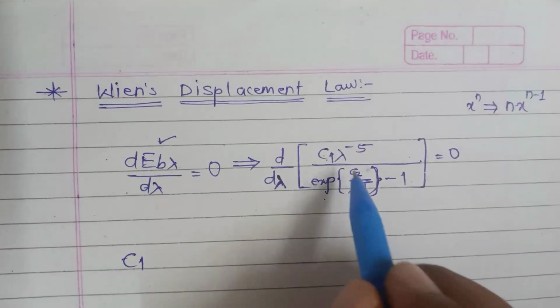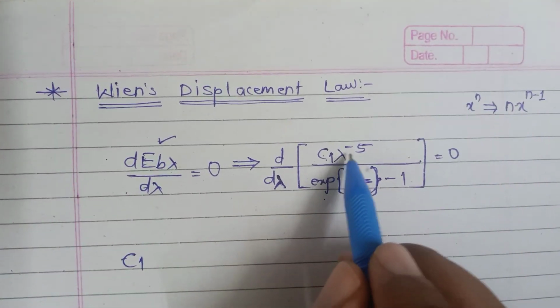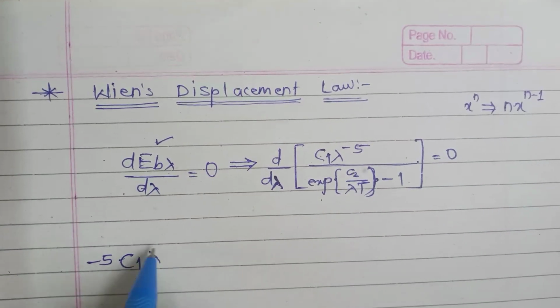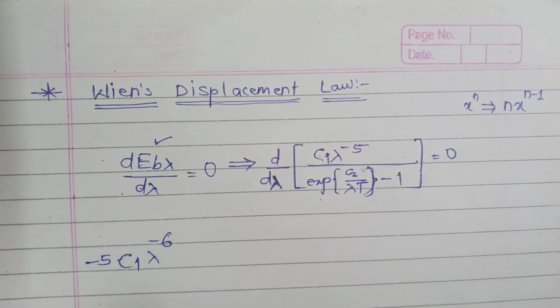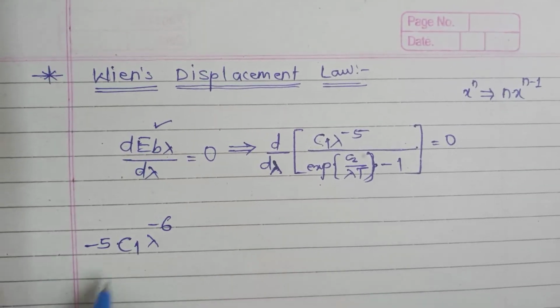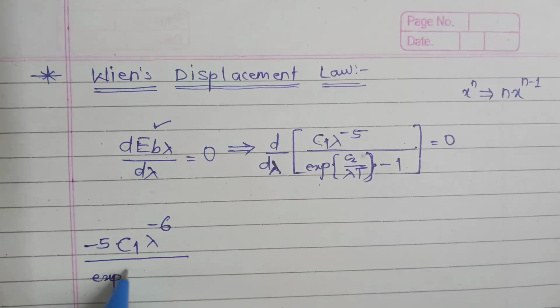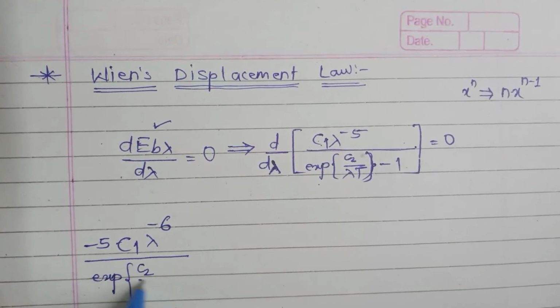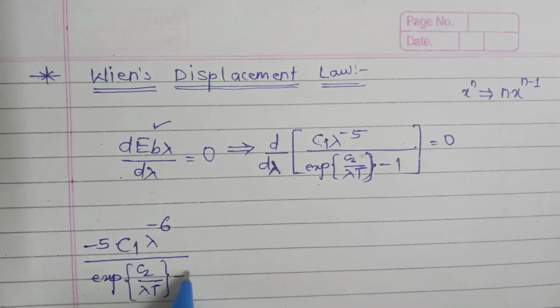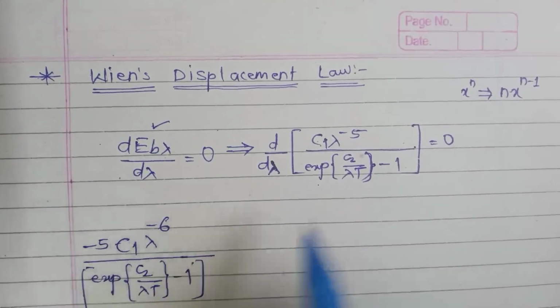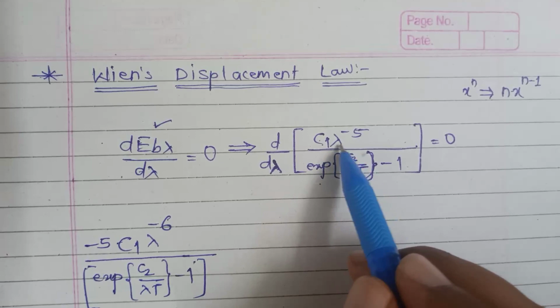Similar to that, differentiation of lambda raised to minus 5 will be minus 5 multiplied by lambda raised to minus 6. This we know from the basics, divided by the same term exponential of C2 by lambda T minus 1. This will be the whole denominator. Now we have differentiated the numerator.